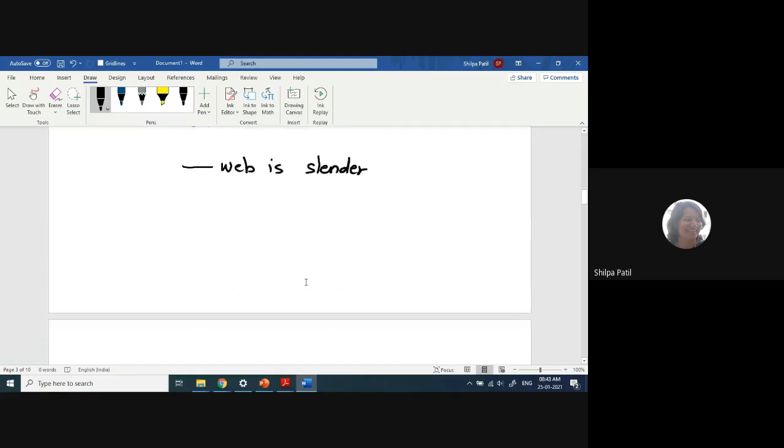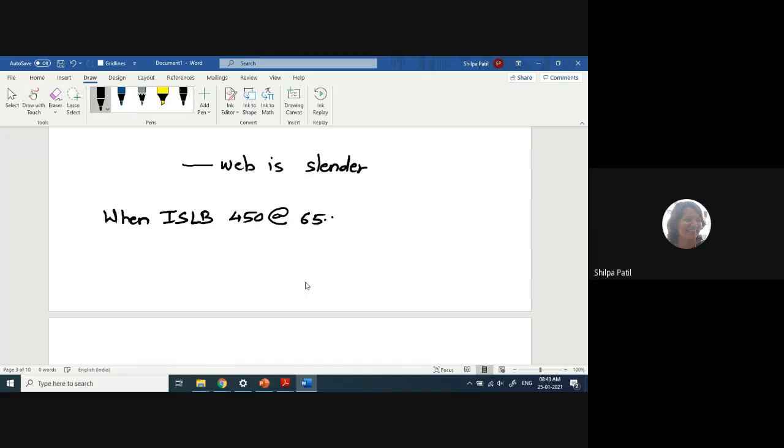So when you write down your final answer, you are supposed to write it in this fashion. ISLB 450 at 65.3 kg per meter, when used as a beam, class of section is plastic.